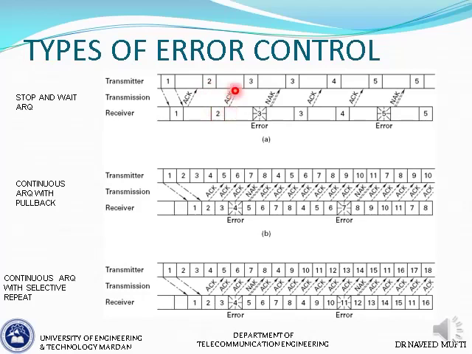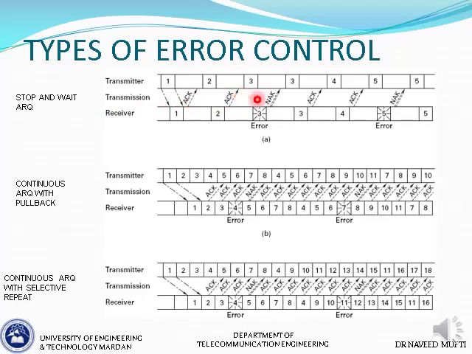And once the transmitter receives the acknowledgement, then it sends the next bit or the block. So in this scheme called stop and wait ARQ, the transmitter basically waits for the acknowledgement of each transmission.